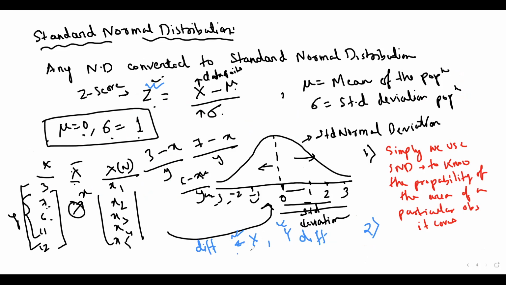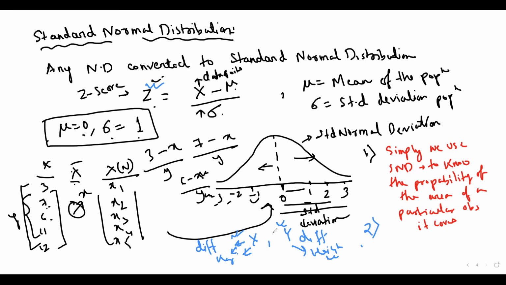Let's say this talks about weight and this talks about height. Height is in feet or inches, while weight is in pounds or kgs. So how will we compare both variables? We need to standardize them. We need to bring them down to one particular unit, and then we can compare. So that's how standardization is very important.